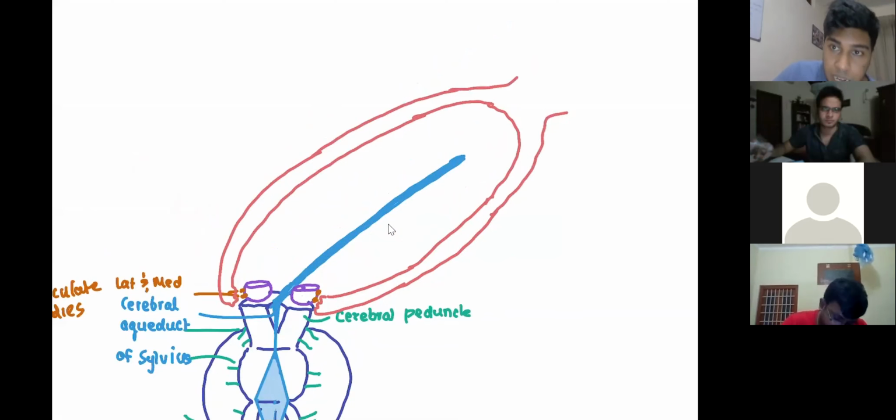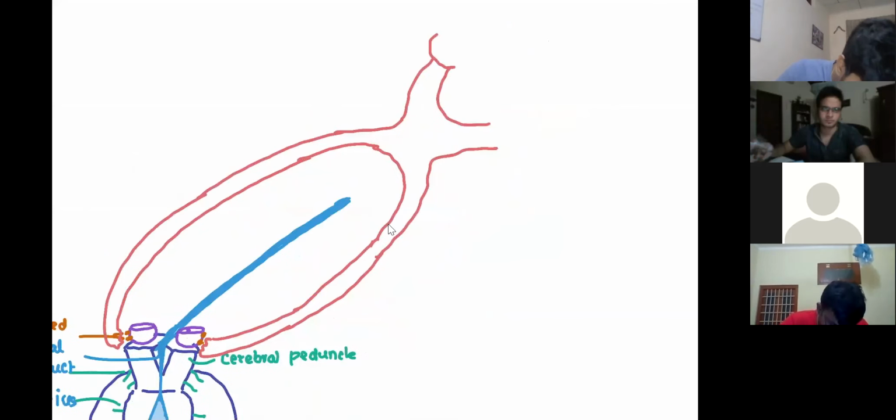Here is the optic chiasma, C-H-I-A-S-M-A. We have that coming. And this is called the optic nerve, what I just drew, and we have the eyeballs.